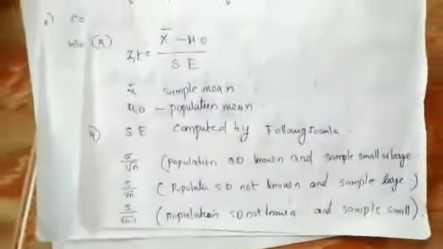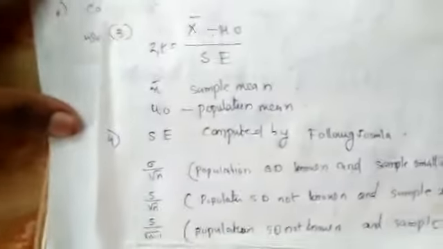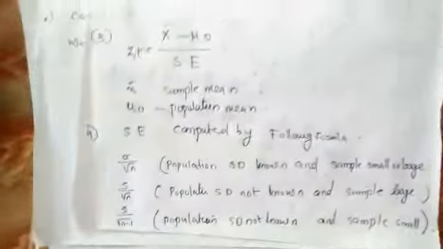But if the population standard deviation is not known, we think about sample size. If the sample is large, we use S by root n. If the population standard deviation is not known and the sample is small, we use S by root n minus 1, where S is the sample standard deviation. One of these three formulas gives the standard error.